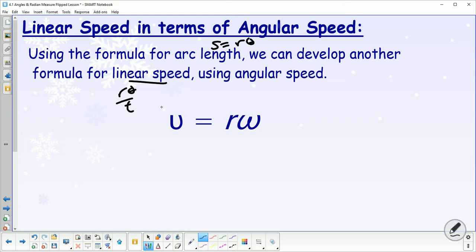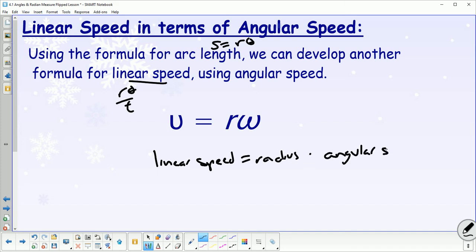Okay, so in other words, this just says that our linear speed equals our radius times our angular speed.